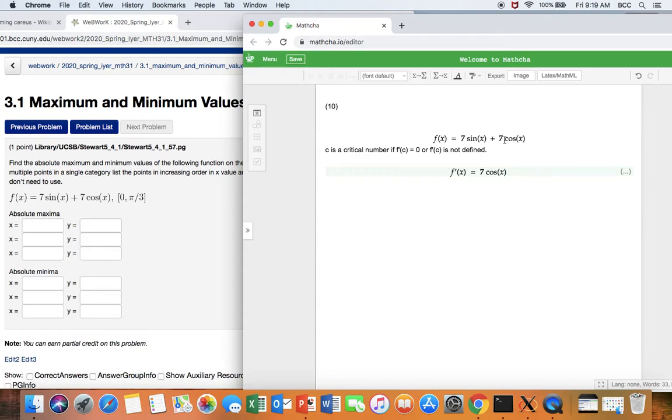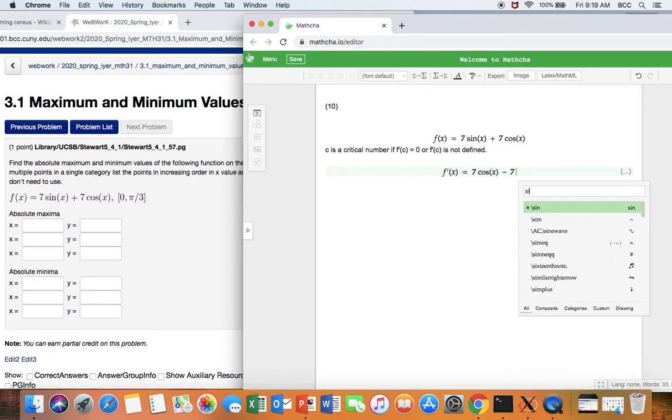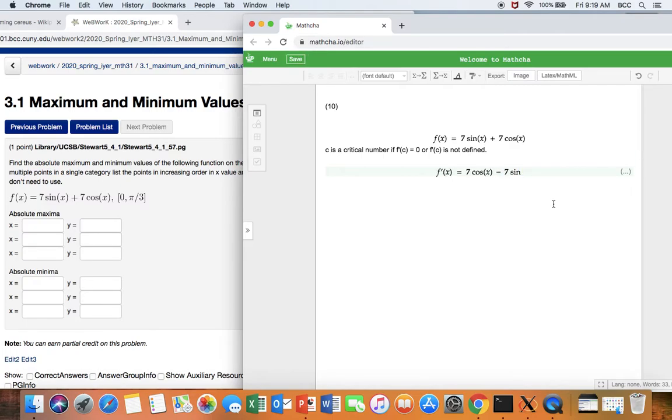What is the derivative of 7 cosine x? It's negative 7 sine x. So notice this is defined everywhere, so the second part for critical numbers is not going to happen. f prime x is defined everywhere.